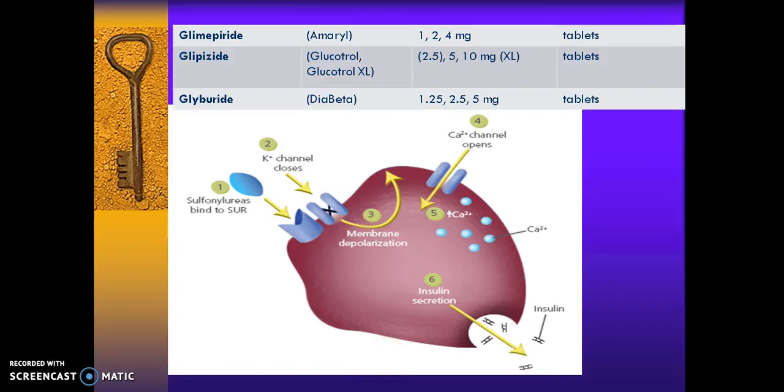Actually, the basic theme is membrane depolarization, and due to the depolarization of the membrane, the calcium ion channel opens, and when the calcium ion channel opens, there is increased influx of calcium ion into the tissues, and that's why the insulin secretion increases. The sulfonylurea increases the insulin release after binding with the sulfonylurea receptor.